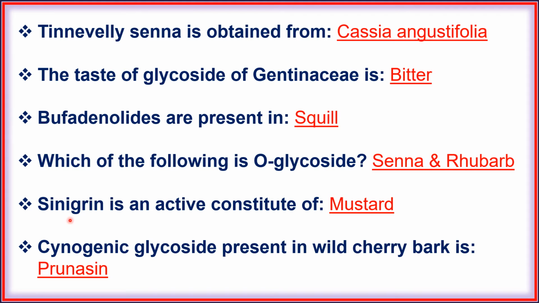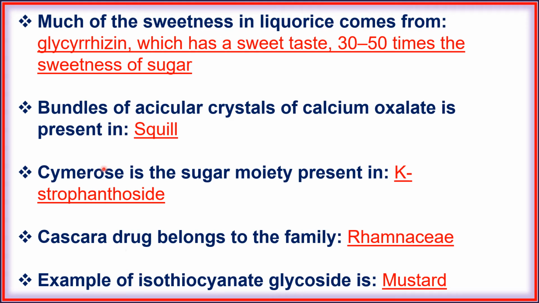Next, sinigrin is an active constituent of mustard. Next, cyanogenic glycoside present in wild cherry bark is prunasin. Next, much of the sweetness in licorice comes from glycyrrhizin, which has a sweet taste 30 to 50 times the sweetness of sugar.